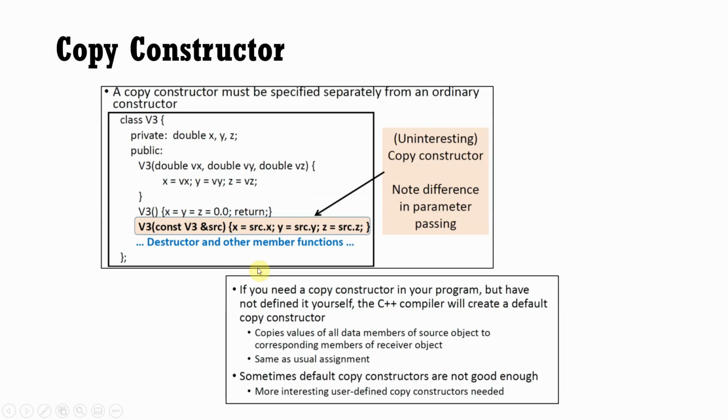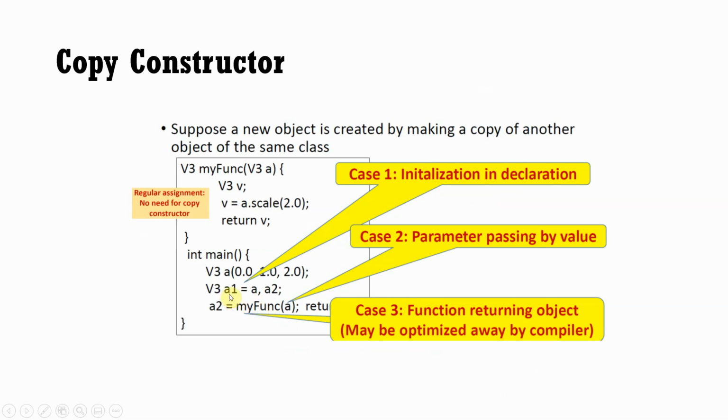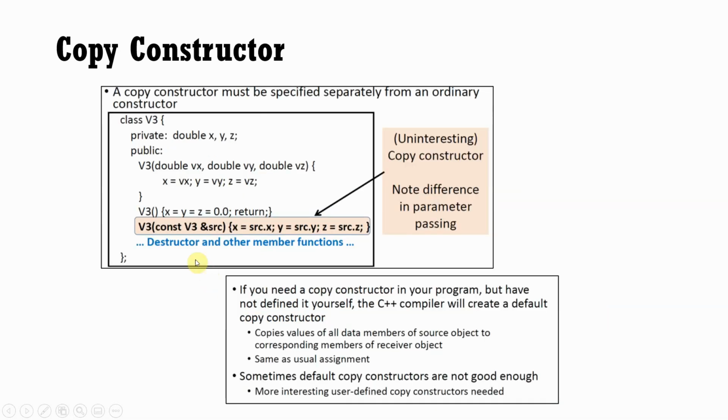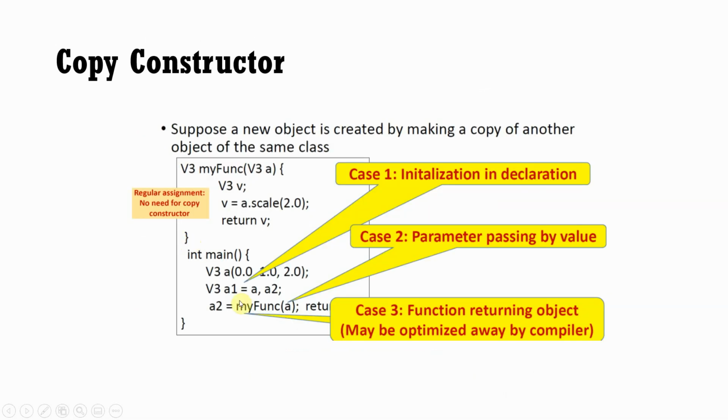So here you see that we have just one object of the class v3. In most cases this is going to be a constant object. That's why we write const here. Why? Because when we say v3 a1 is equal to a, we don't want to change a, we want to change a1, right? So this parameter needs to be constant.